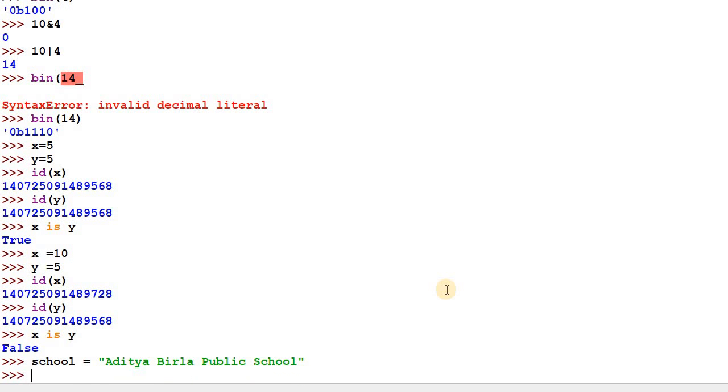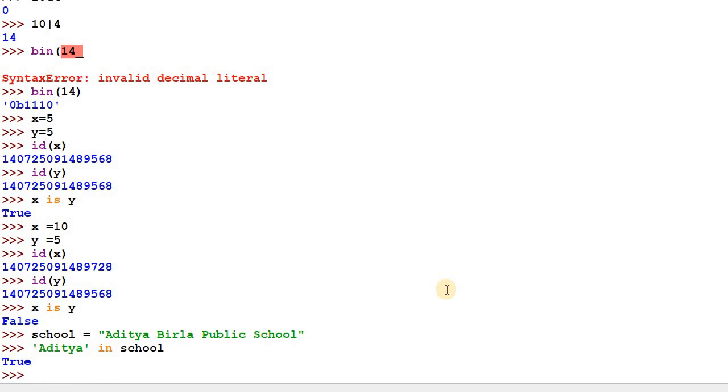If you want to check whether Aditya is in this string, Aditya in school, it means the word Aditya in the school variable that has the value Aditya Vidila Public School. If the value exists in that variable, it returns true, otherwise it returns false.